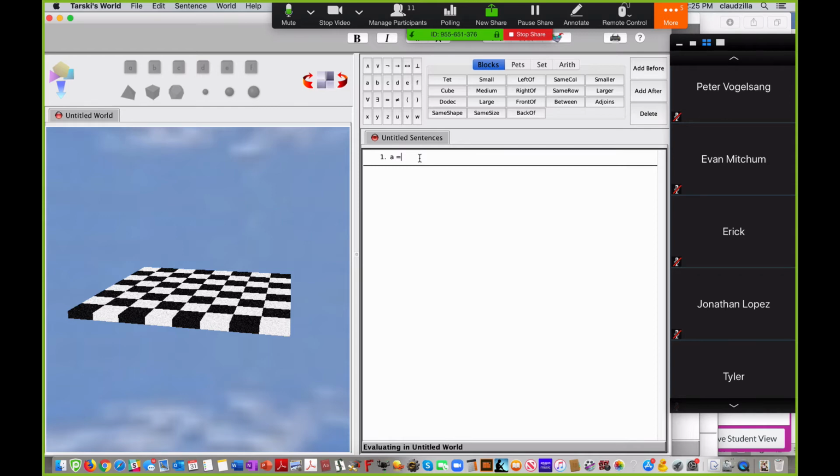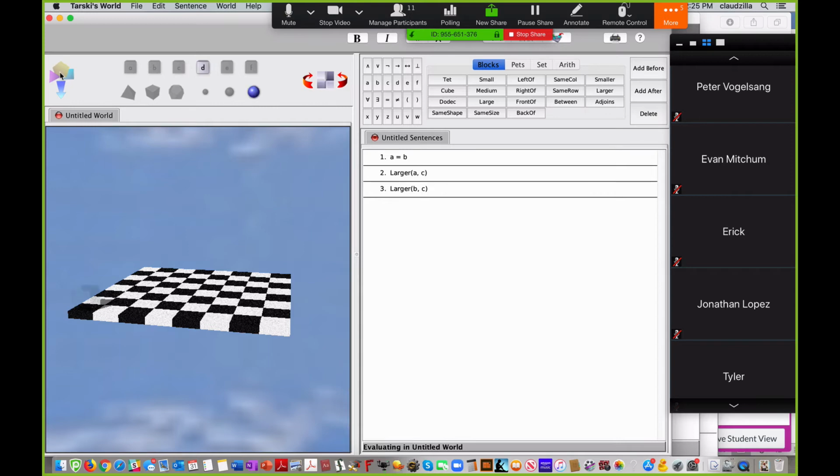So if A is identical to B, and A is larger than C, it follows that B is larger than C. What's not going to happen, right? So I've got the sentence A is identical to B coming out true.